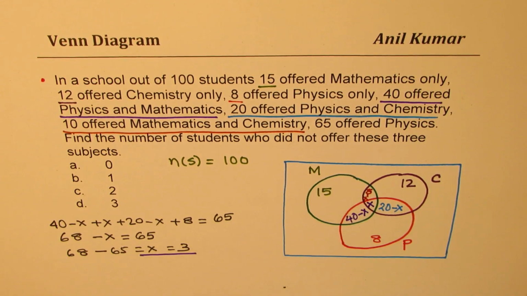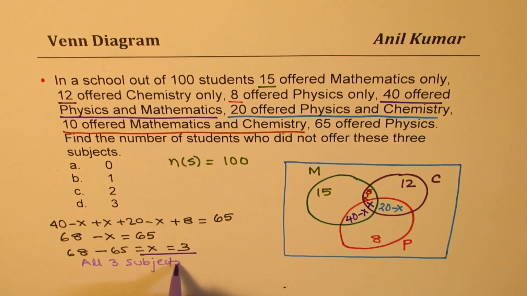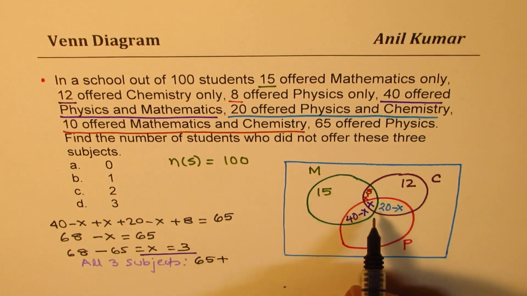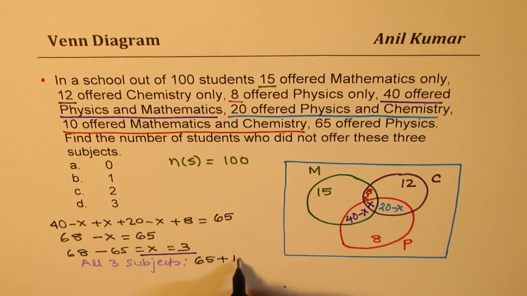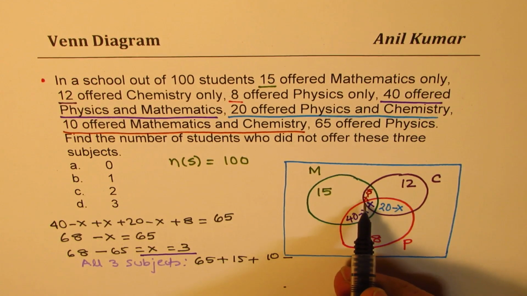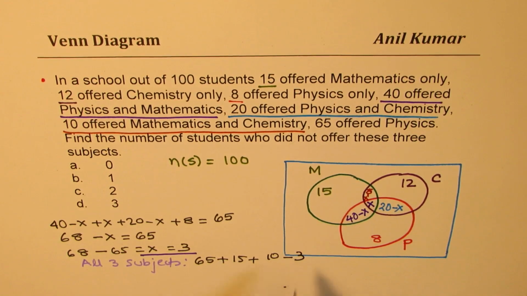So we have the numbers which, let's take another ink to write. So all 3 subjects is what? That is what I'm going to write now. So we know physics is 65. So let's take this number 65 plus, let's start from here, outside the red circle. So we have 15 plus 10 minus x, and x is equal to 3. So I'm writing 3 here, right?